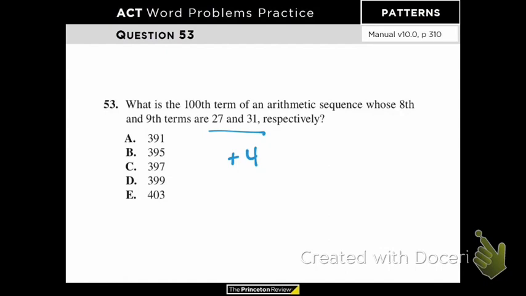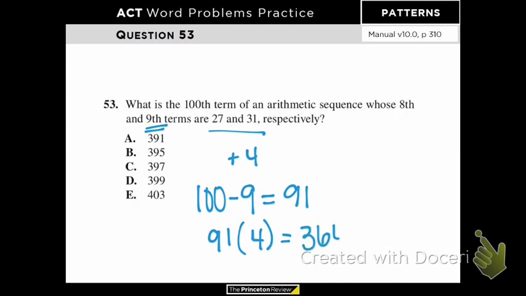The way that I did it, though, is I knew there were 100 terms, right, and my last term that they give me is the 9th term, so I went ahead and took the 100 and subtracted the 9 to give me 91 terms in between there that I'm looking at, and I multiplied that by 4 because I know I'm going up by 4 each time. So 91 times 4 gave me 364.